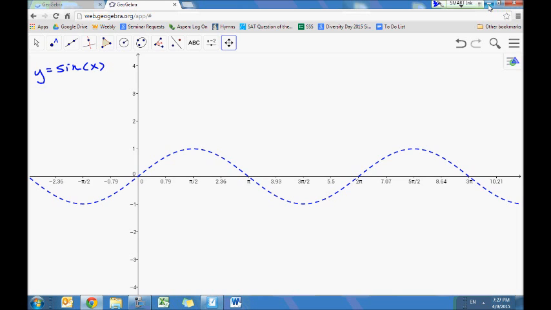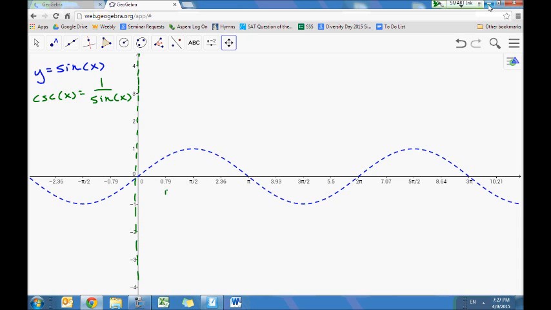And I will create a new graph, which is cosecant of x, which, to remind us, is 1 over the sine of x at every point. Now, at 0, the sine of x is 0, and so that gives us 1 over 0, or an asymptote.